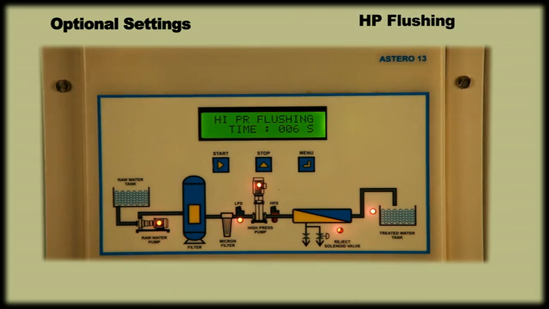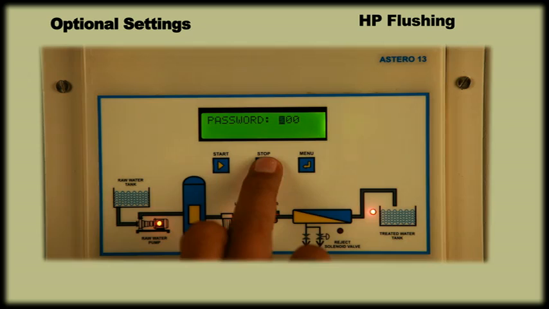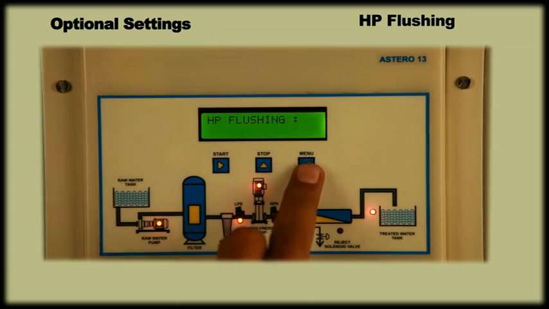HP flushing. Normally flushing is done by the raw water pump, but in case high pressure flushing is required, one can turn on the HP flushing. For that, enter password 678 and press Menu. Display will show HP flushing off.